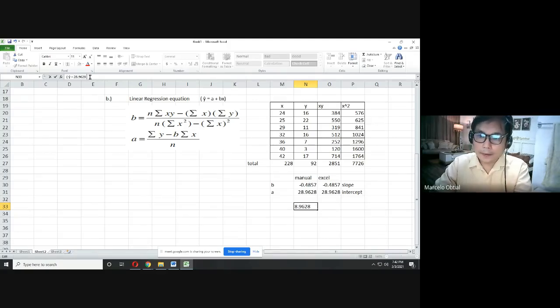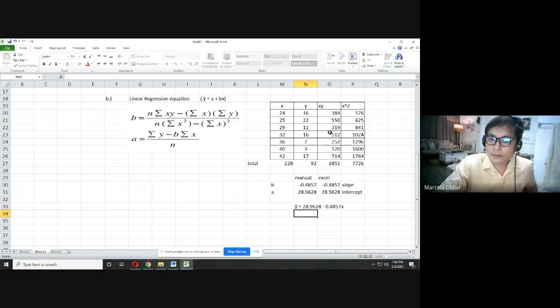Then, okay, plus B, okay, which is, B natin, B is, okay, magiging plus na siya, ha? Magiging negative na pala siya. Kasi negative yung ating slope natin, no? 0.4857. Okay? Then the variable x, okay? Then hindi mo kailangan palitan yung x kasi variable equation siya, kaya siya dapat merong x, no?